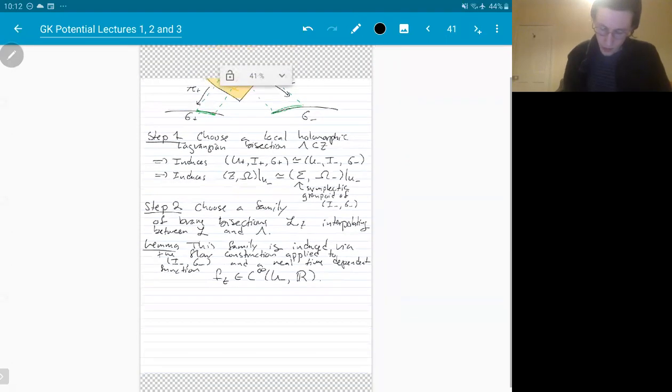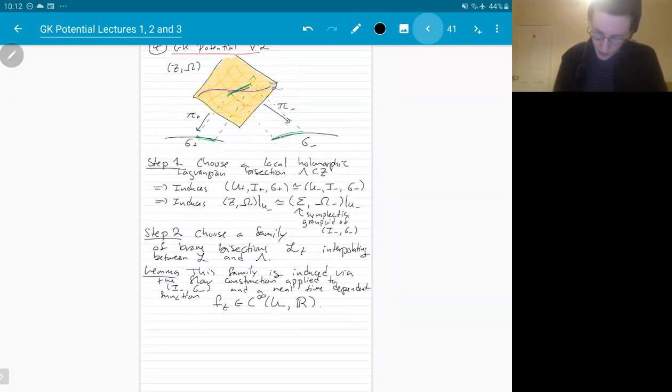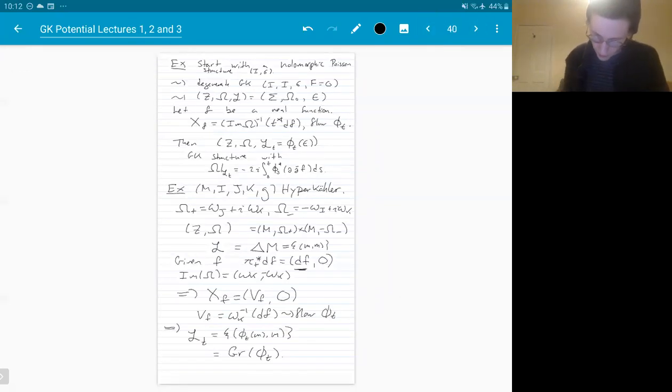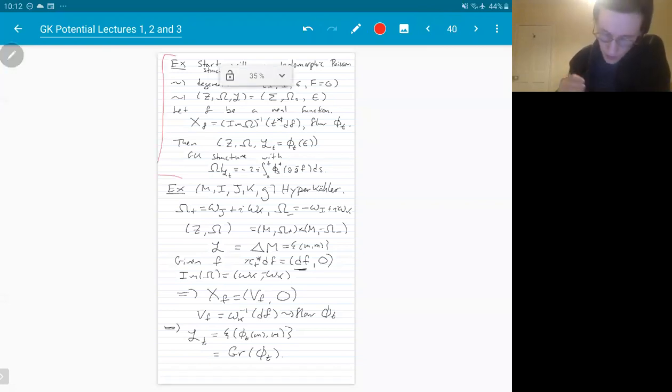So essentially what this is saying is that this example here, where we start with this degenerate GK structure of a Poisson structure and deform it into an actual GK structure using a function, that's locally true. That's how all generalized Kähler structures look.